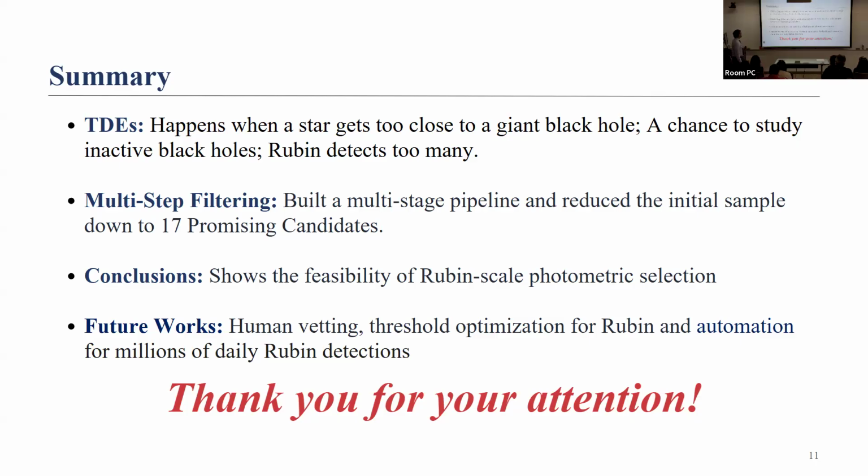We built a multi-stage filtering pipeline to reduce our roughly 10,000 sources to 17 promising candidates. The conclusion is that it shows the feasibility of Rubin scale photometric selection. For future work, of course, you need to analyze it visually, threshold optimization for Rubin, and automation for millions of daily Rubin detections. So that was my summer.